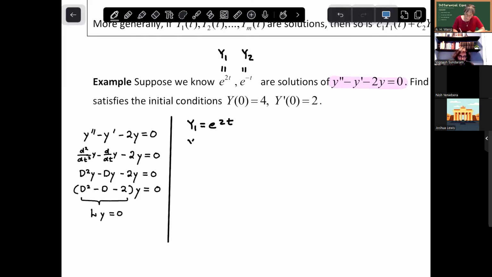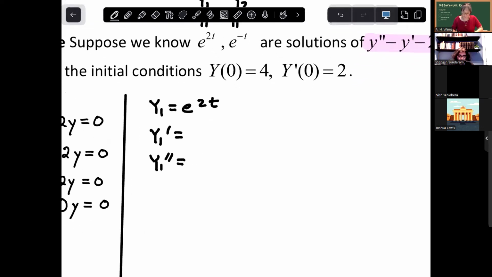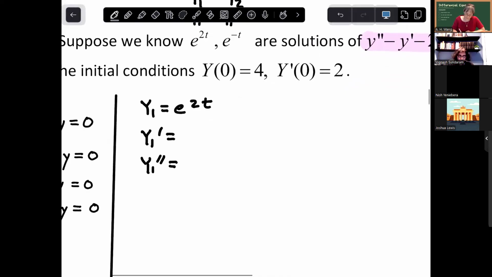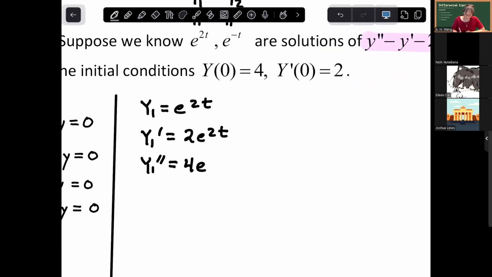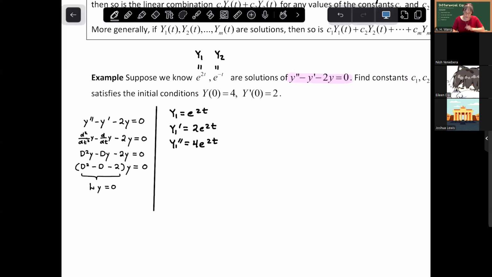We need the first derivative and the second derivative. Can you quickly tell me, what is the first derivative? 2e to the 2t. Second derivative? 4e to the 2t. Yeah, it's really good to get them all done.